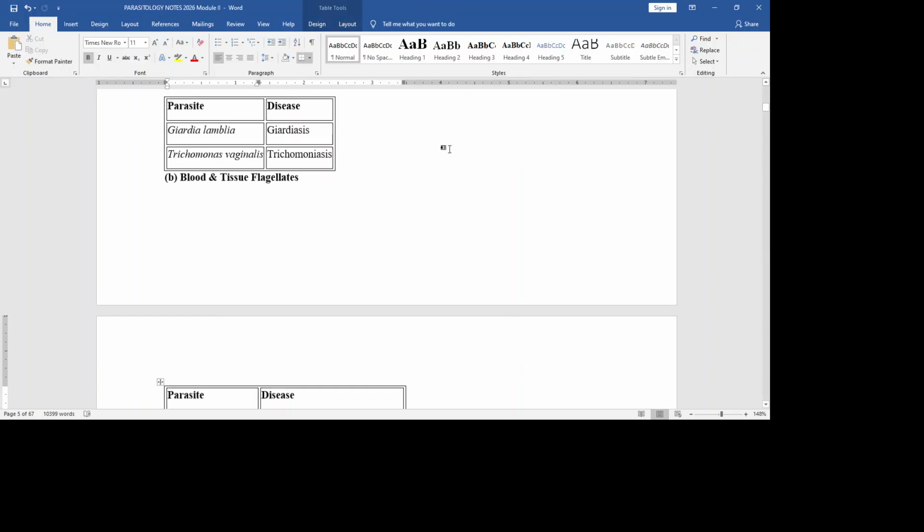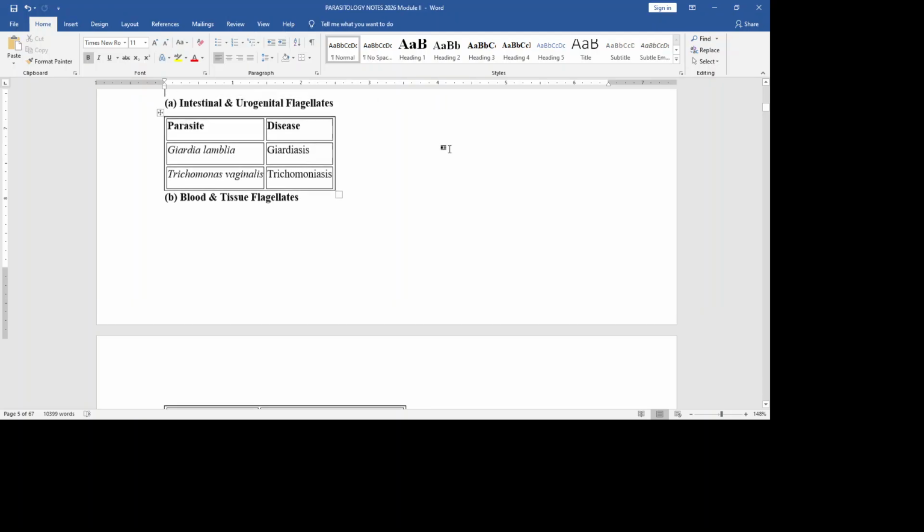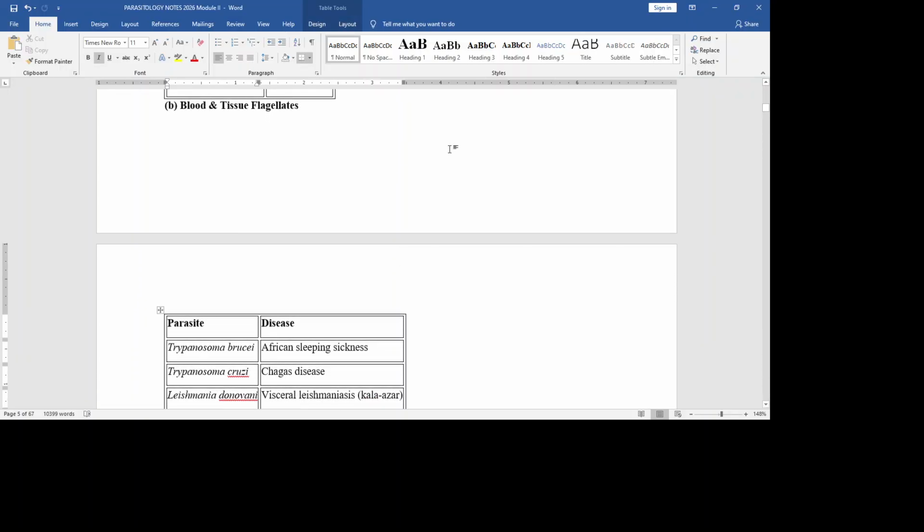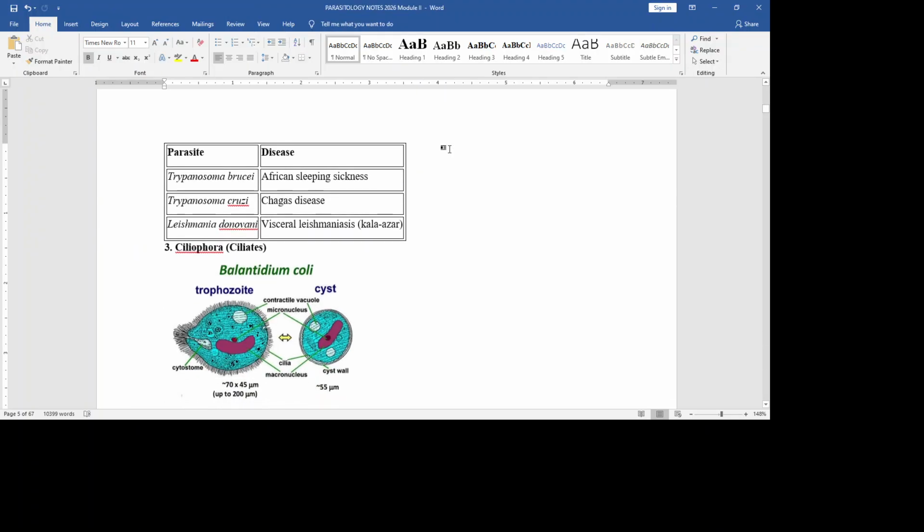Within the urogenital and intestinal, we have Giardia lamblia and Trichomonas vaginalis. Then blood and tissue parasites include the Trypanosoma species, which causes African sleeping sickness and Chagas disease, which is American trypanosomiasis. And then we have Leishmania donovani, which causes leishmaniasis.